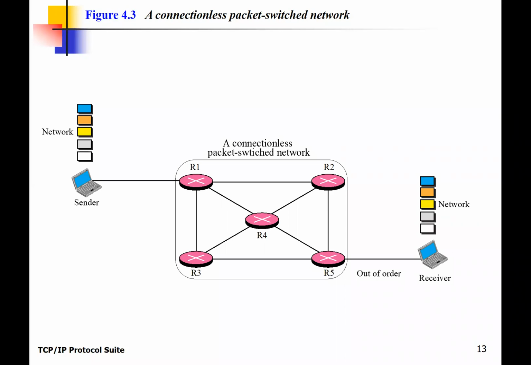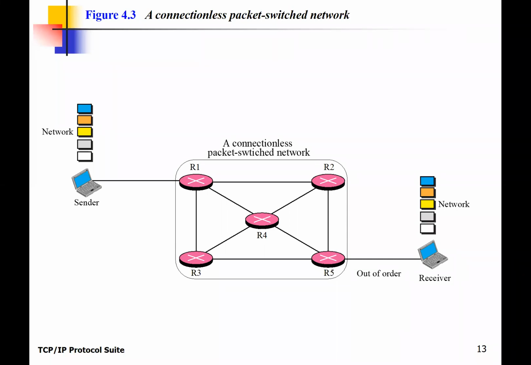So connectionless simply means you send packets packet by packet, one by one. However, you send it and you don't care which path it has to go. You let the network decide. It has to go through router 1 or router 2 or router 3. So the network, based on the mapping or the routing table, will decide, let's go this path. So you send packets 1, 2, 3, 4 from sender to receiver.